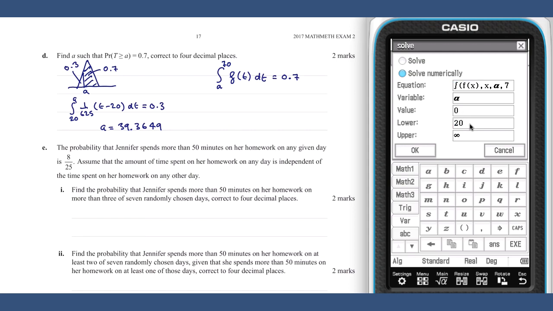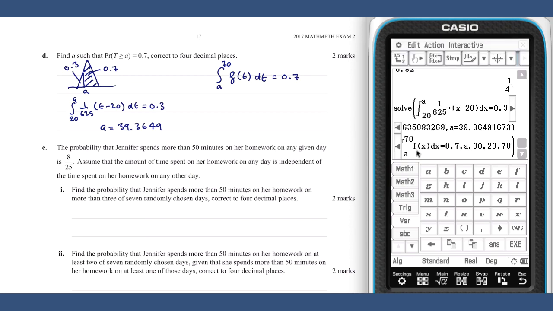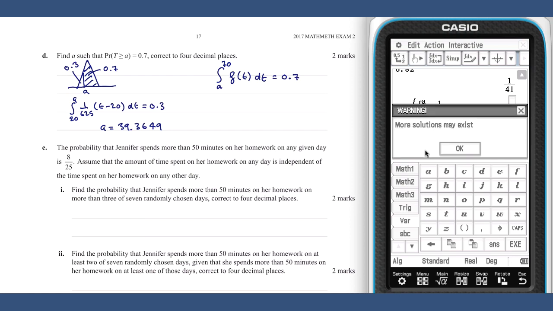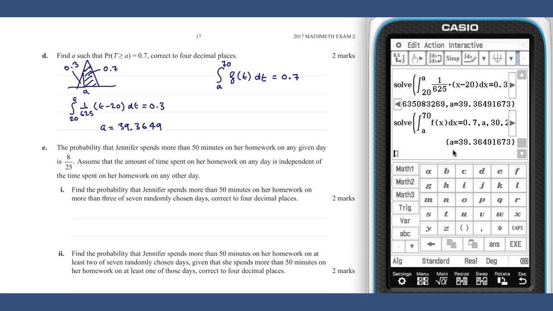That would be 20 to 70. And we should provide an initial value which is close to the answer. I'm going to use 30. After a few moments' thought, our class pad returns the same answer, 39.3649.